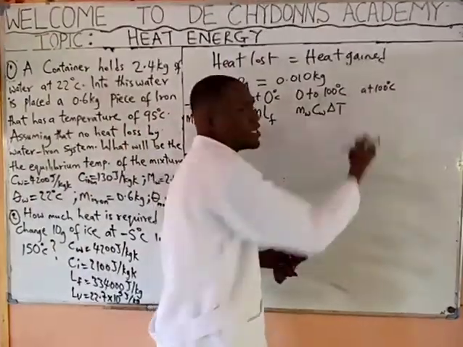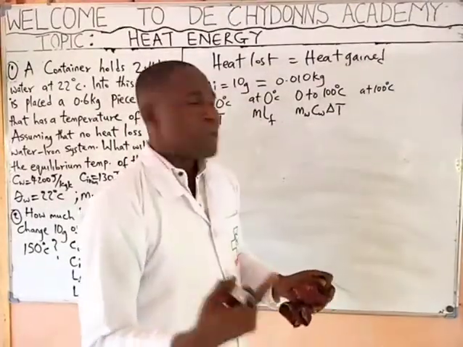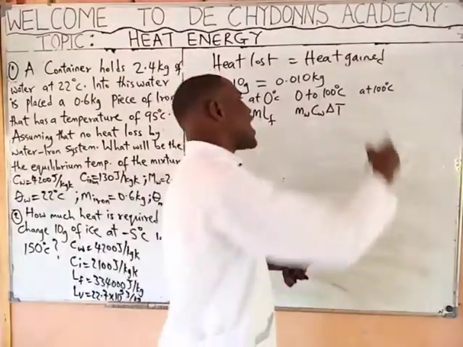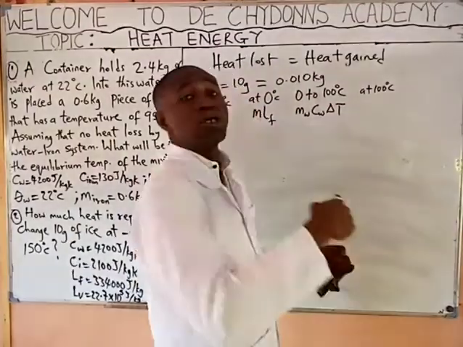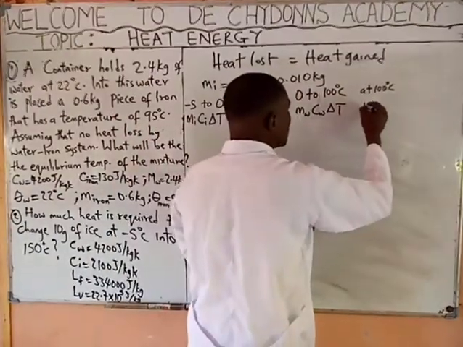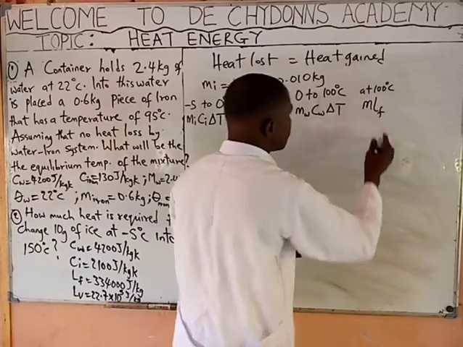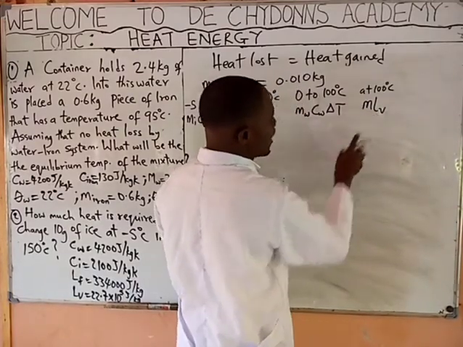That is the hidden heat that always acts on pure water at 100 degrees Celsius. So as heat starts acting on it, it will be converting to gaseous form. So we now say mLv, where this is latent heat of vaporization.